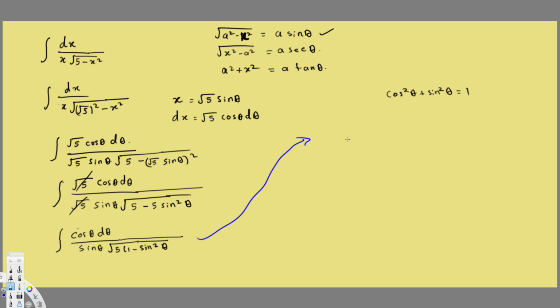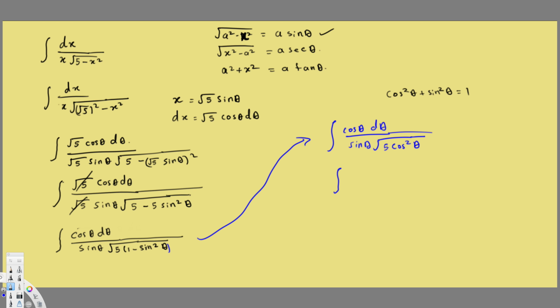So I can write this as cos theta d theta over sine theta, and this is square root of 5 cos square theta. I replaced 1 minus sine square theta with cos square theta, and now I can take the cos square theta out.